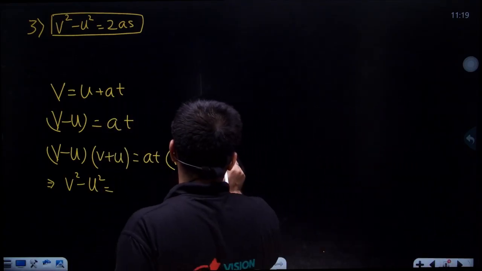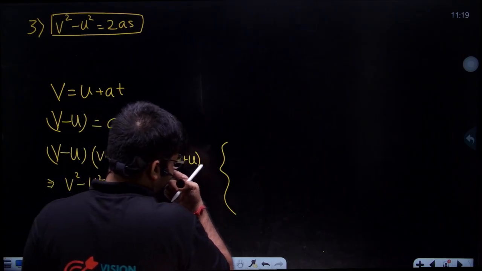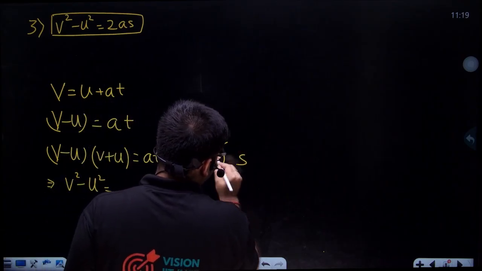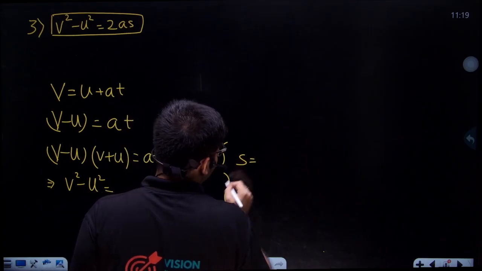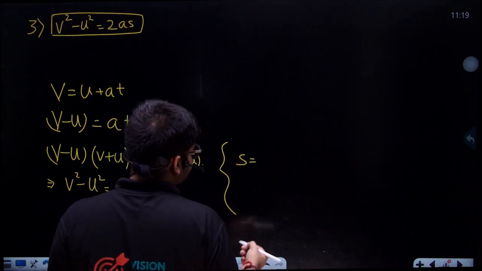We can say that displacement s is the average velocity into time.